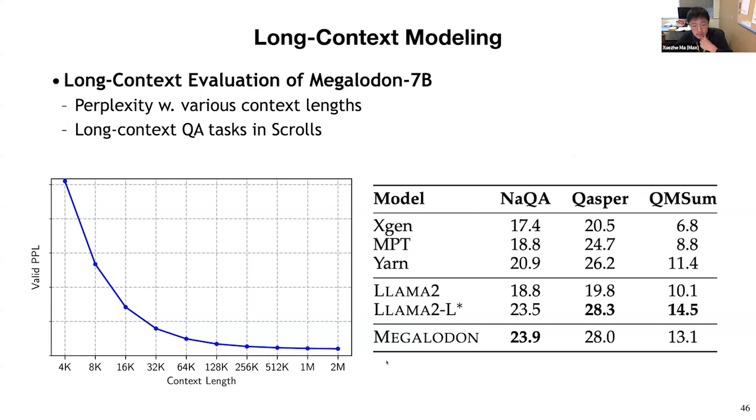It just keeps decreasing. We also test performance on long context QA tasks, and we see that Megalodon achieves almost the same performance as Llama 2 Long, which is a long context version of Llama 2. It is a model from Llama 2, but continually pre-trained on selected longer context data. So we still achieve similar performance.